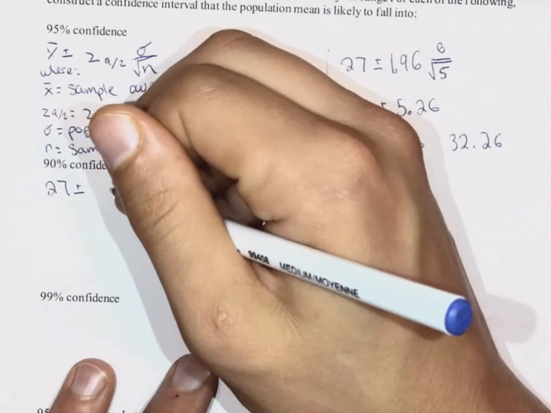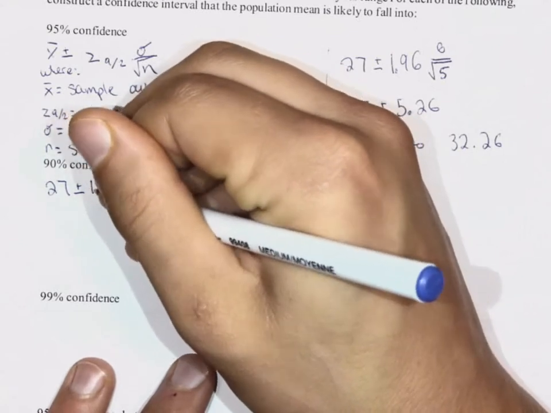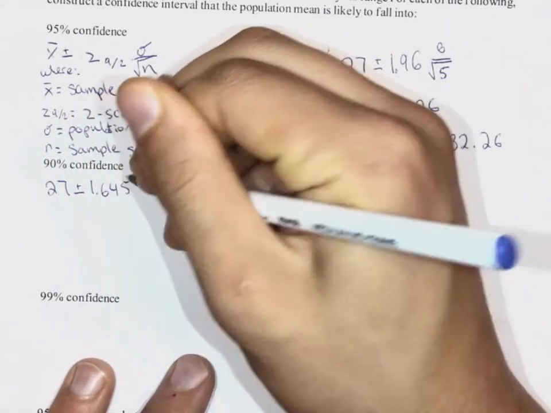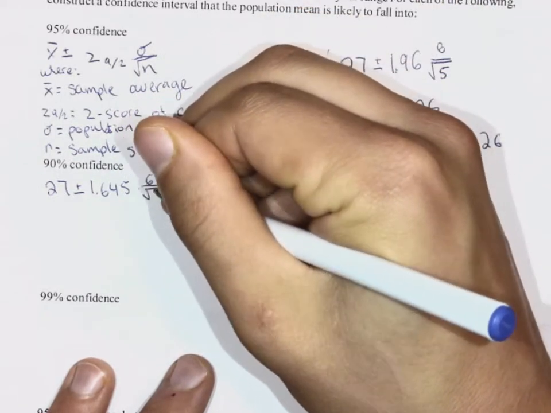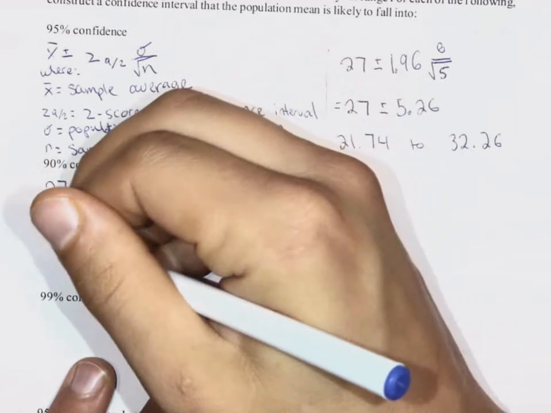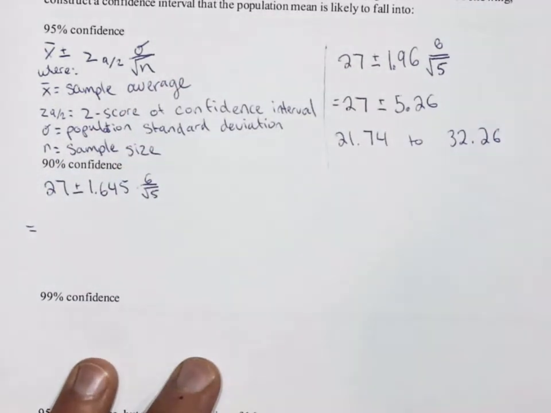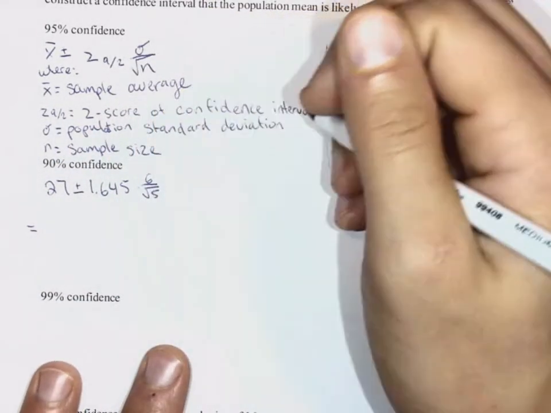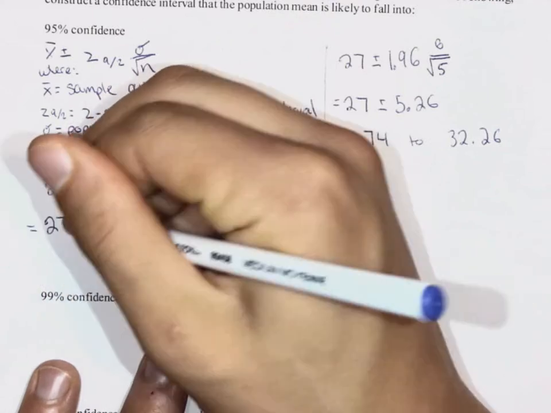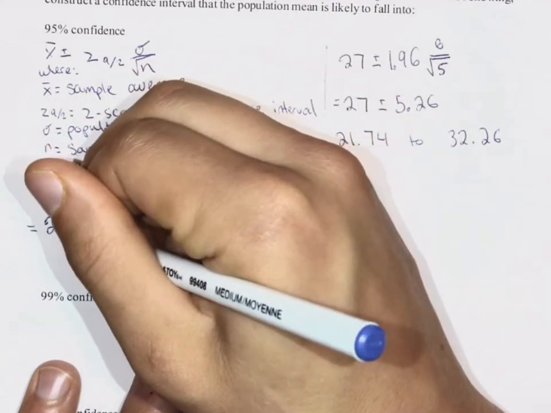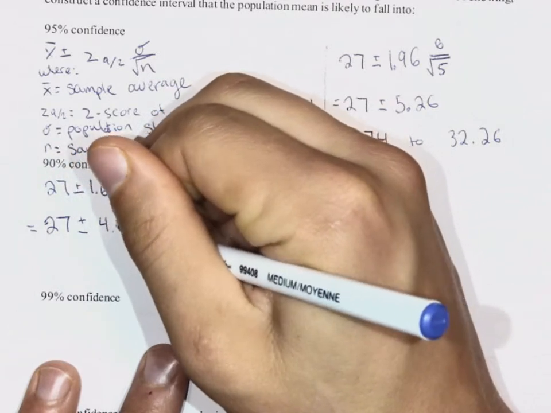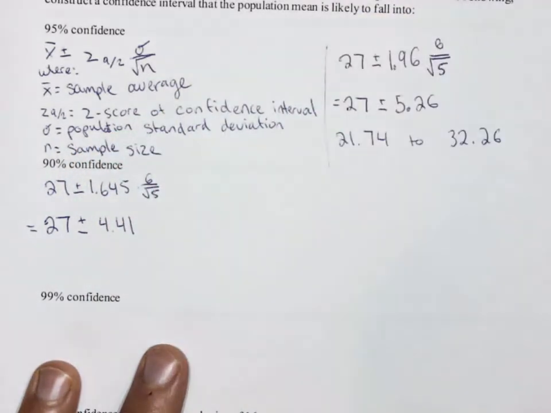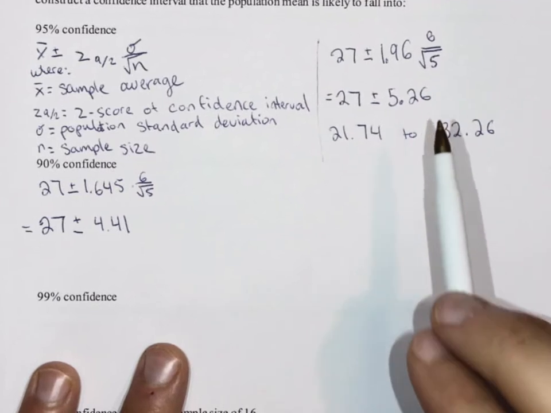We're going to have our z-score of 1.645 multiplied by 6 over the square root of 5. That gives us a confidence interval of 27 plus minus 4.41. So that is less than our last one.